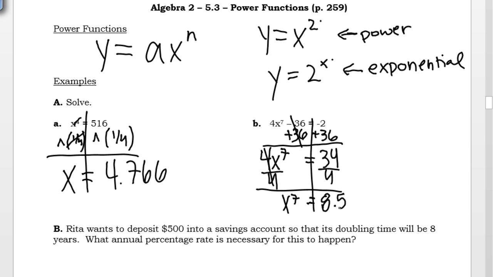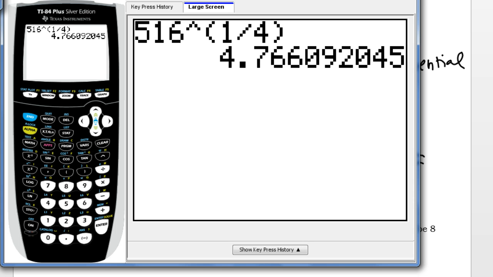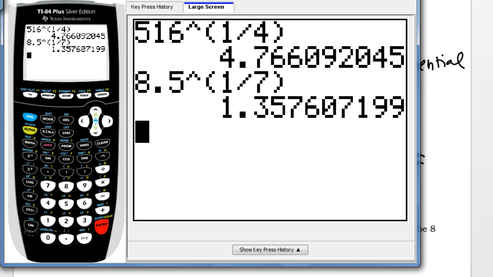And then I'm going to undo my power of 7 with a power of 1/7. The 7 and the 1/7 cancel out, so x is, and if I do 8.5 to the power of the reciprocal 1/7, I get my answer.